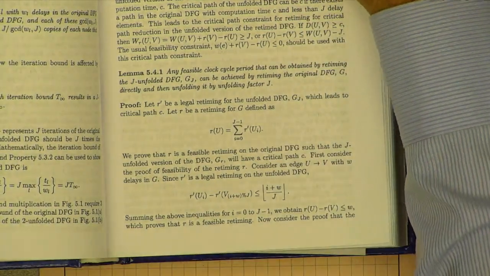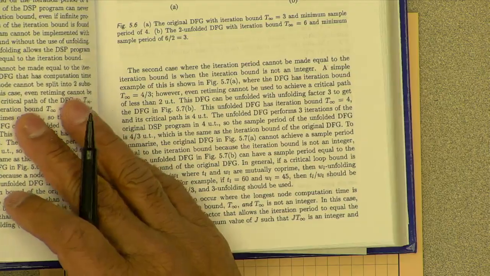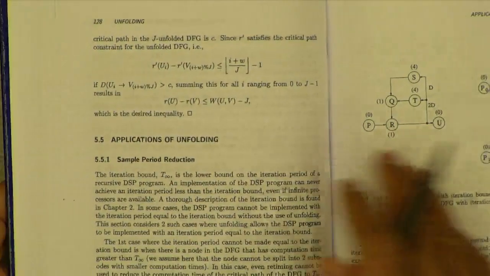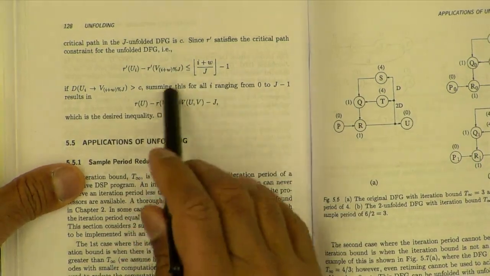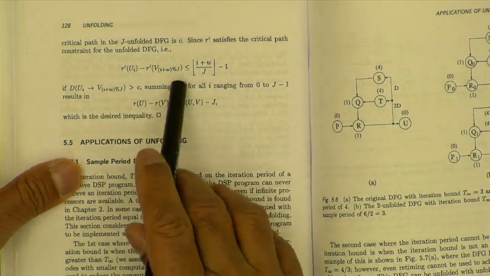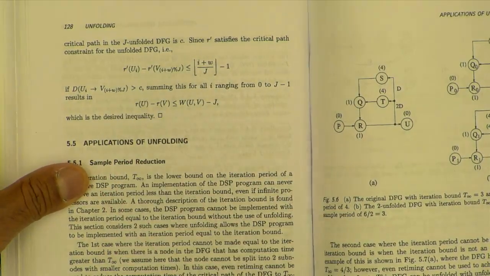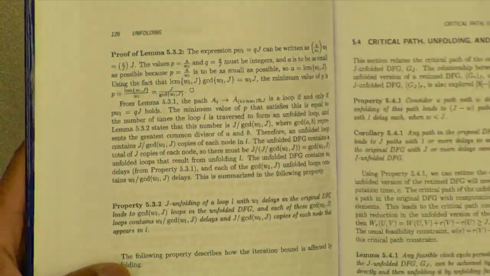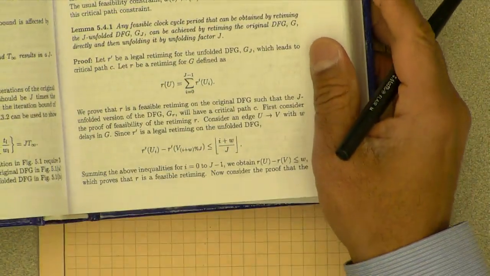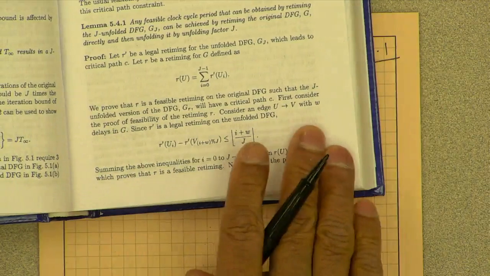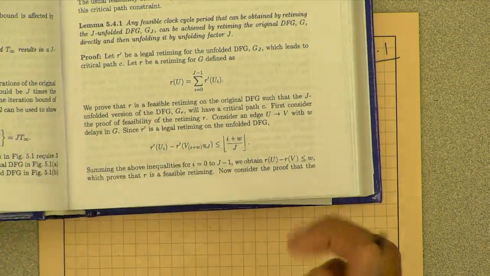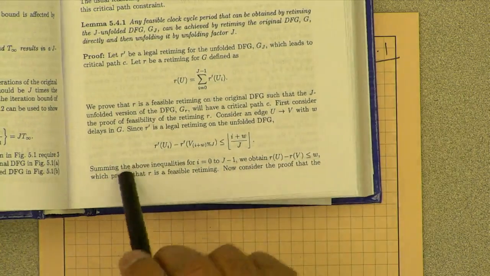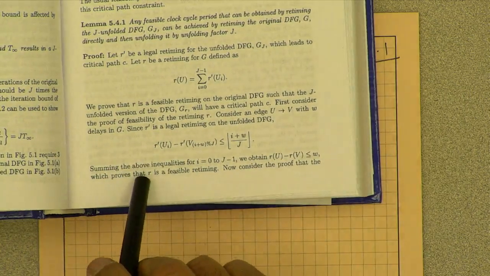I didn't complete the proof, but to prove that, I think the best way to understand this would be to give you a problem, and I might give you a problem next time.